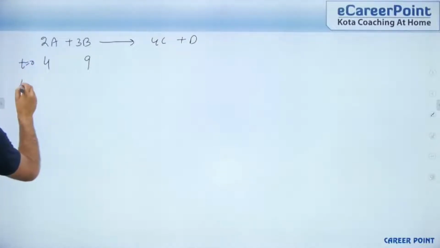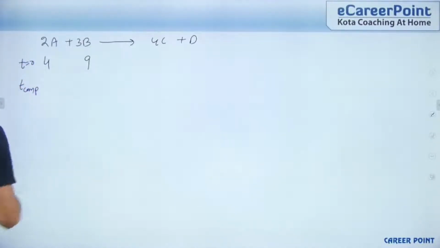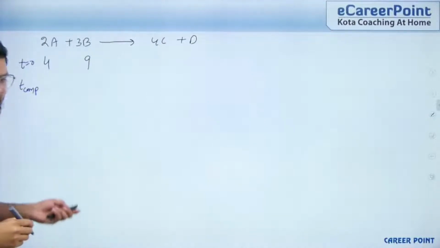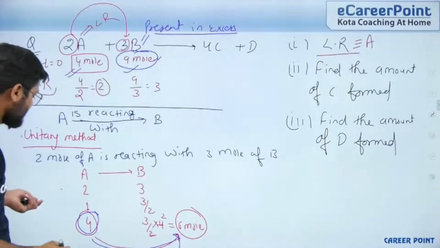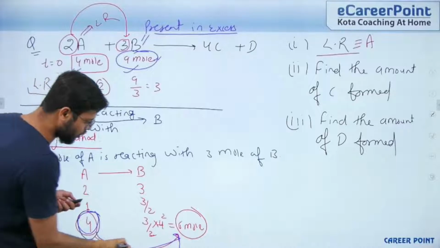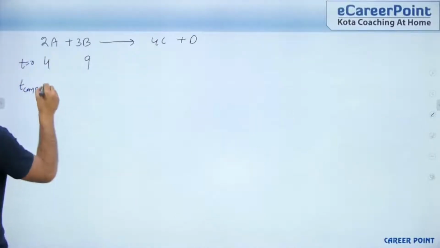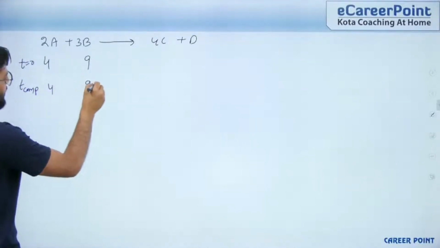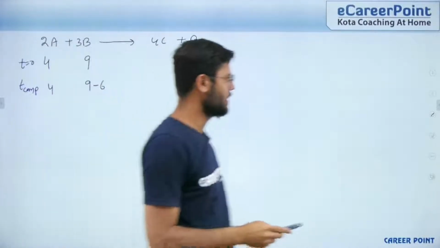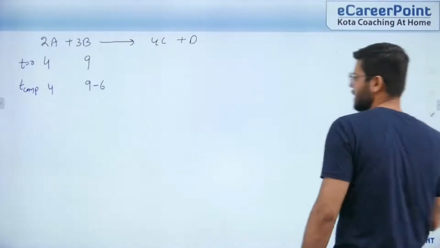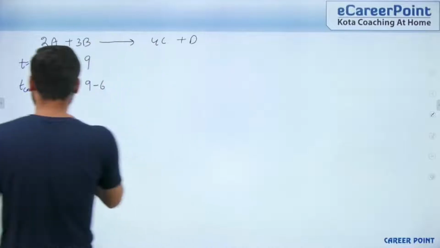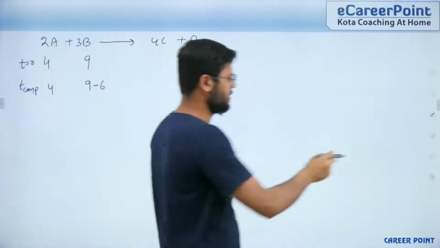And now at completion time, what information will we have? When the reaction is completed, this 4 mole is going to react completely with 6 mole of B.